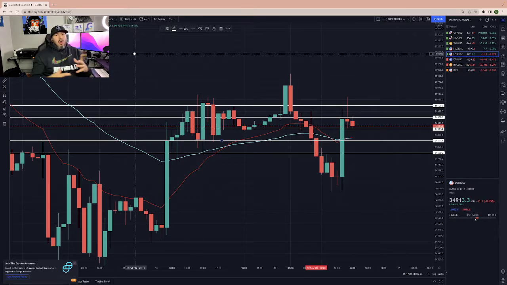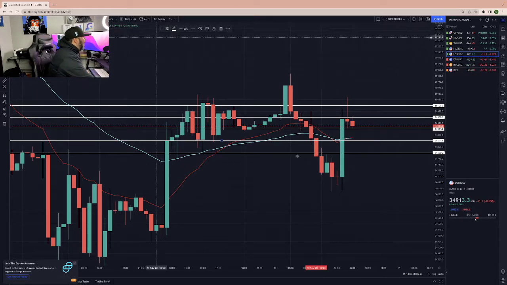Being that I scalp off the 15-minute, that's really where I take my entries. So I'm looking at 15-minute structure, hour structure, and 4-hour structure as well, as far as supports, her zones, what are major supports, resistance areas, price action, things like that.